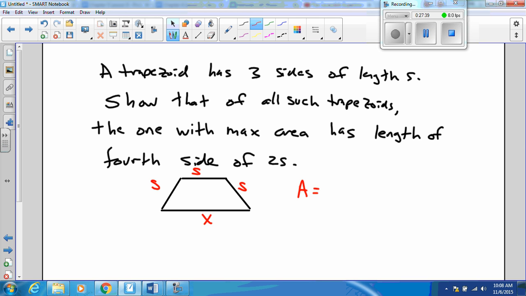Now we need the area, which is 1/2 times s plus x. Aha. Keep in mind that s is a constant in the problem. We do need to find h. So that's really the question, what is that height h?